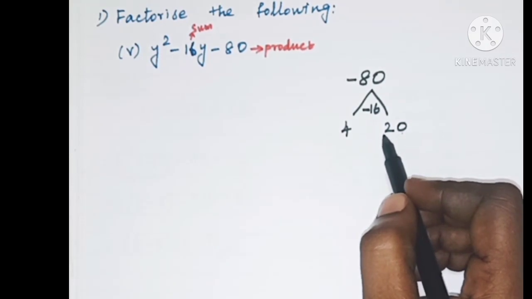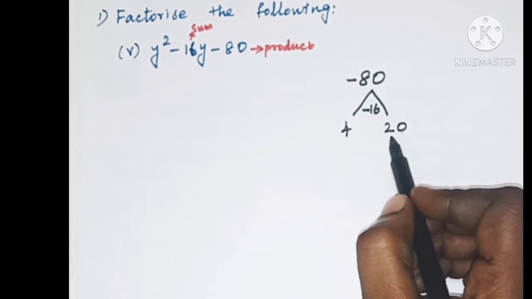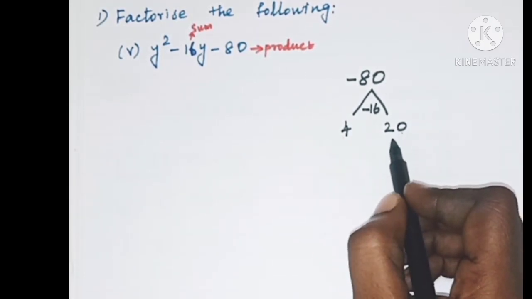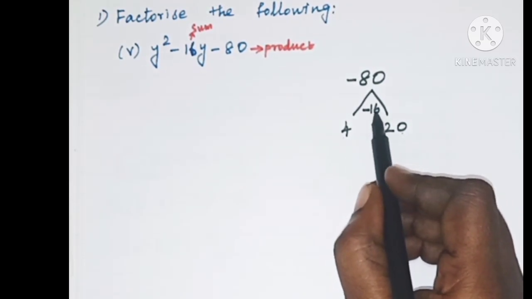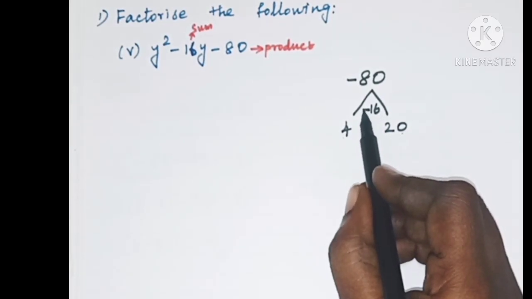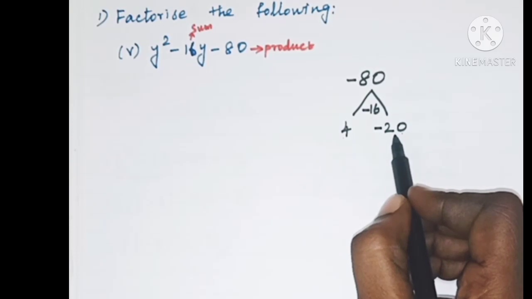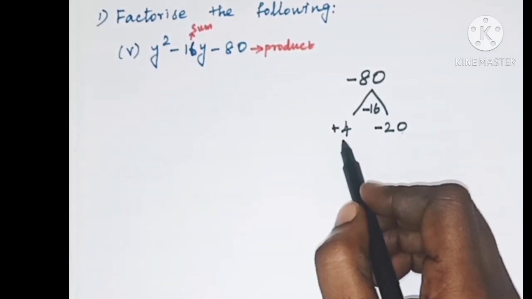Now you should put the symbol of the sum for the greater number. From these two numbers, 4 and 20, the greater number is 20. So in the place of sum, the symbol is minus, the negative symbol. So you should put the negative symbol for the greater number and the positive symbol for the other number.